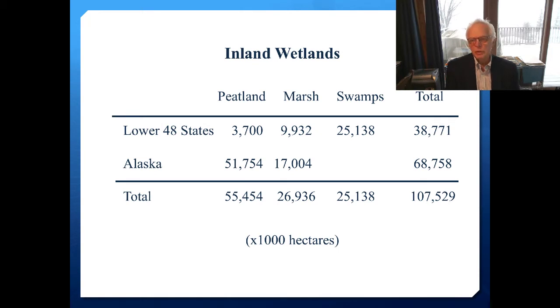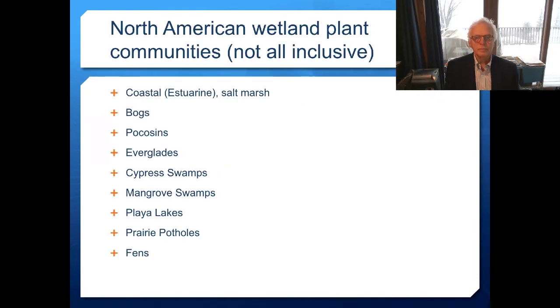Alaska alone has almost double the wetland of the lower 48 states, for a total of something like 107 million hectares of inland wetlands. So in general, although the coastal wetlands are very important in their own right, there are probably more inland wetlands in North America than there are coastal wetlands.